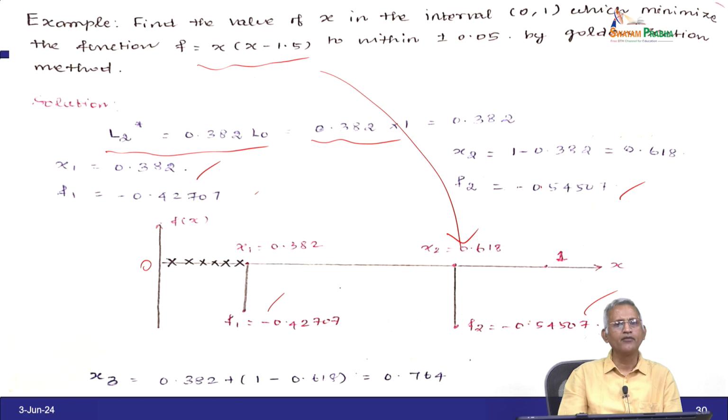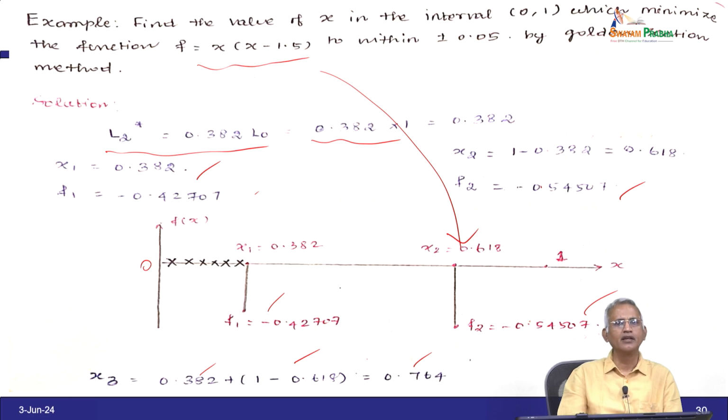Now, compare f1 and f2. f2 is lesser than f1. Therefore, the interval 0 to x1 is omitted, and we start from x1. So, x1 is 0.382 plus 1 minus x2, 1 minus 0.618, equal to 0.764.